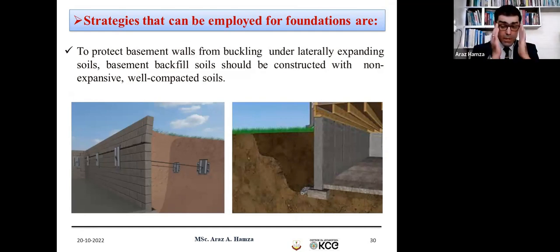In the horizontal direction, if we backfill with expansive soil material, it leads to mega pressure on the wall. As you can see, this horizontal crack occurred in this wall because of the expansive soil. What is the strategy? Try to use a different, non-expansive material.